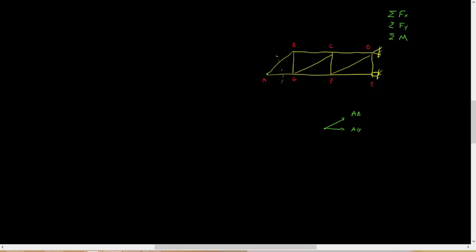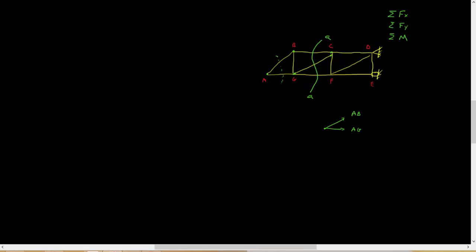So if you were to look at this truss that I have here, let's say we wanted to solve for BC, GC, and GF. We could cut our truss in this manner here. We could say that's section AA, and then we could draw our free body diagram of the left side or of the right side and then compute the forces.